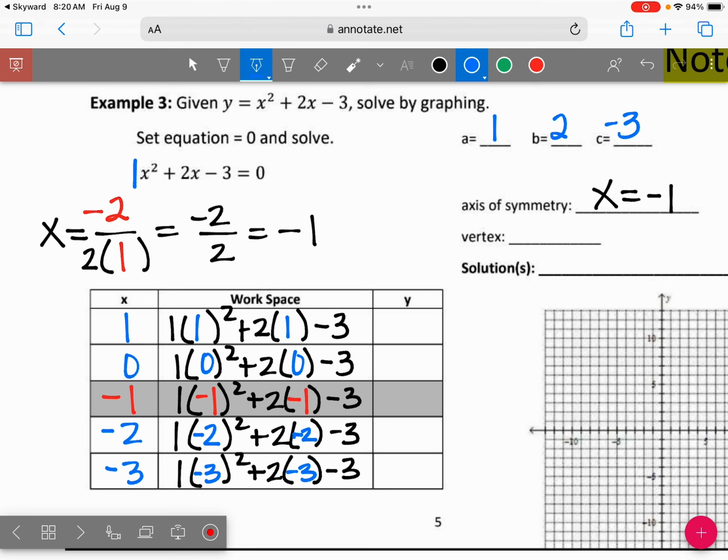I don't know how I forgot that. Can everybody take out your bell worksheet and pass it to the front? Every Friday I collect the bell work of the week, so go ahead and pass that to the front of your row.